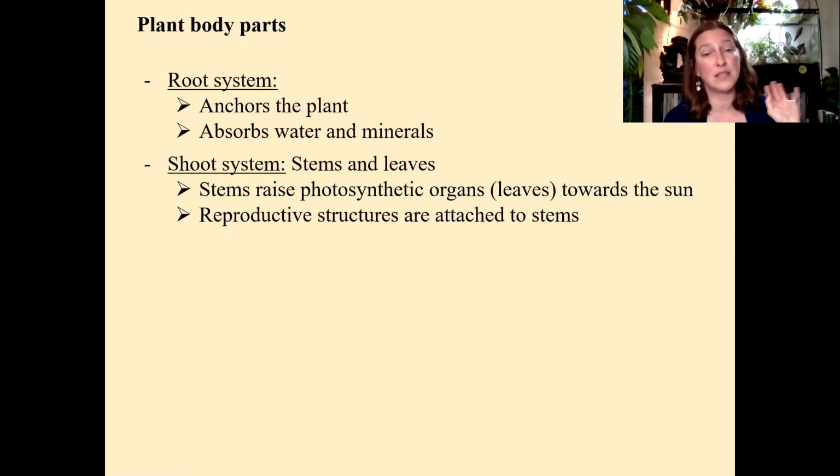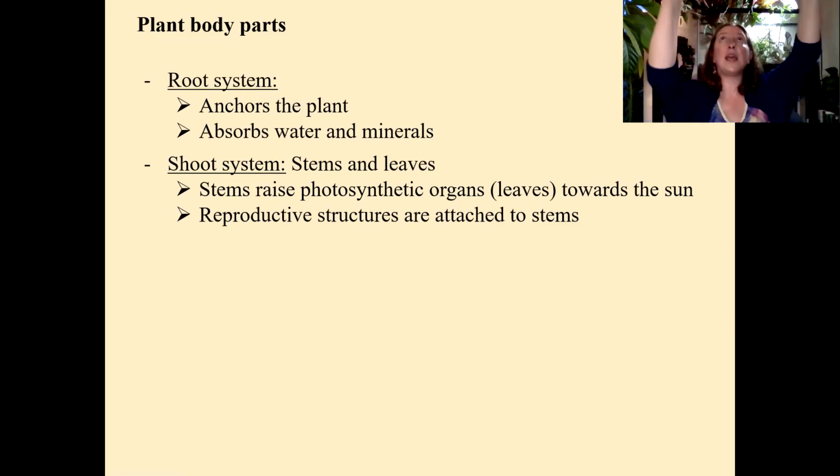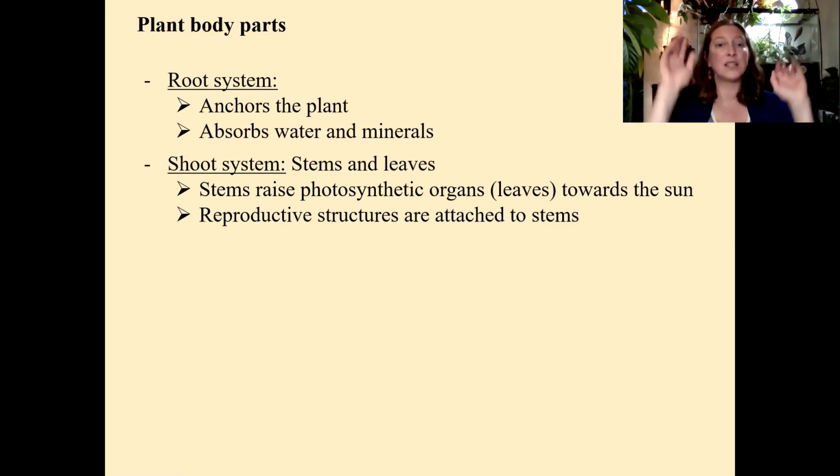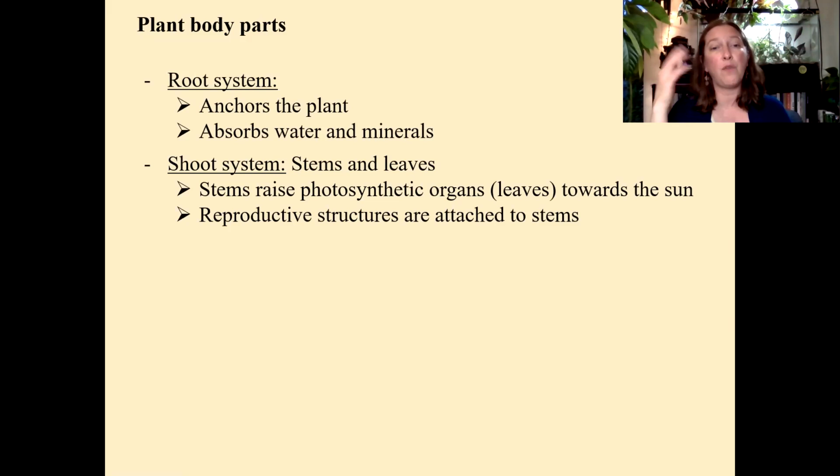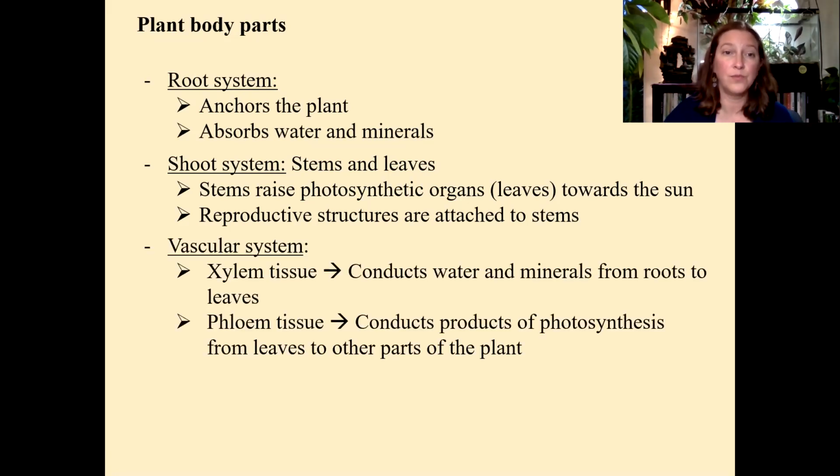The shoot system is your stems and leaves. The stems are going to raise the leaves up toward the sun. The leaves are those photosynthetic organs where photosynthesis occurs, which we'll talk about in another class. And then we have reproductive structures, usually flowers, attached to the stems as well.